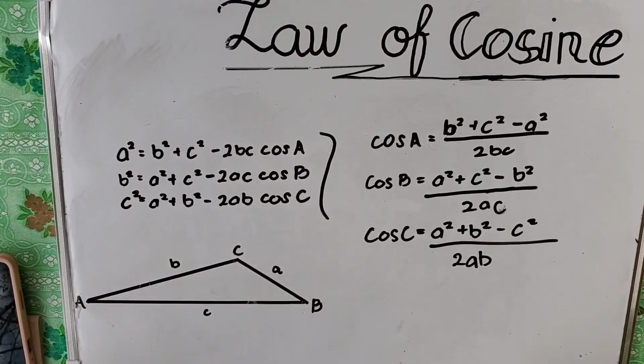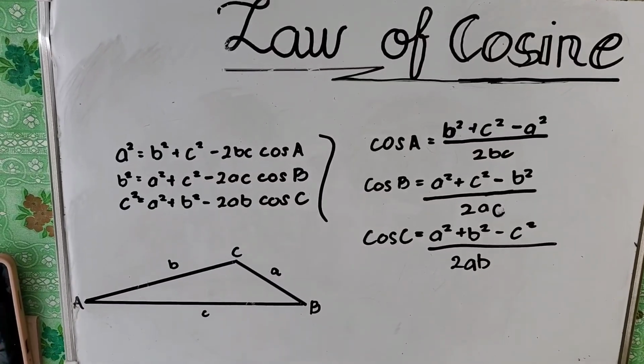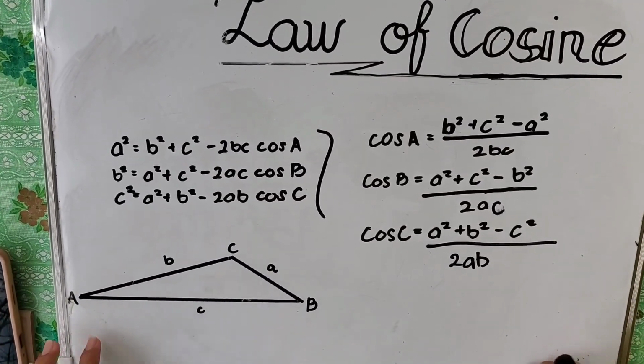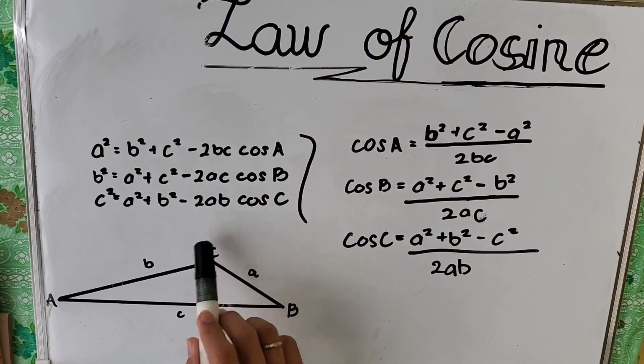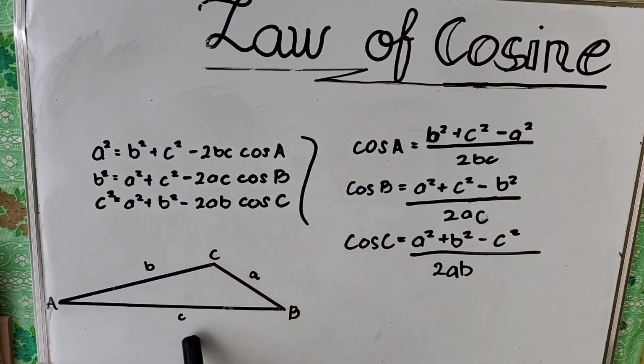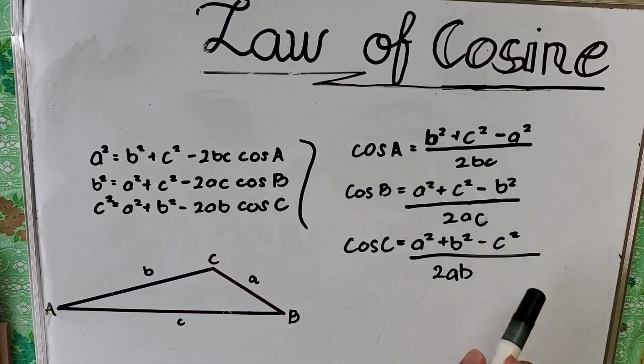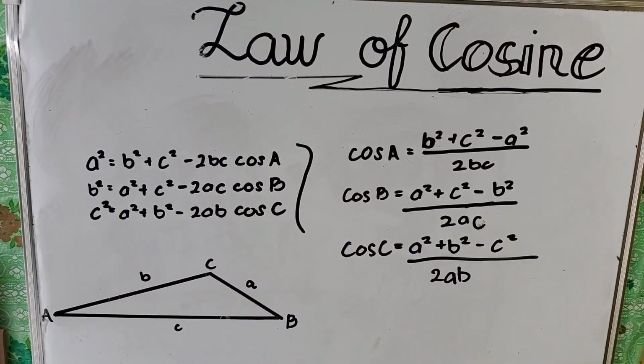So, these are our formulas. For any triangle ABC with sides a, b, and c, these are the formulas that we're going to use.